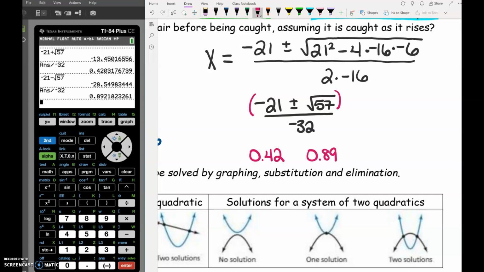So here's the deal. We're throwing this basketball, and there's 2 places where it's at that specific height. The first one is after 0.42 seconds. The second one is after 0.89 seconds. It says, assuming the ball is caught as it rises, that means we want that one. So the answer we want is 0.42 seconds.